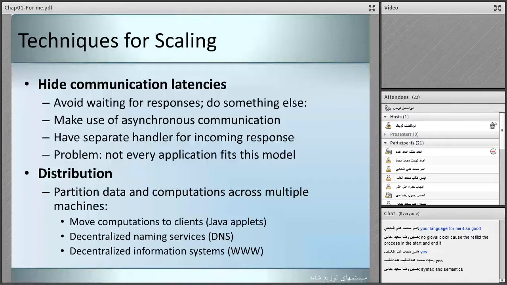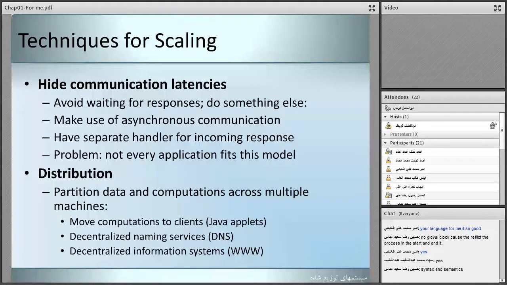You can do something else while you are waiting. Make use of asynchronous communication. It is essential. Have a separate handler for incoming responses. And what's the problem? Not every application fits this model. There may be some applications that don't fit this model.